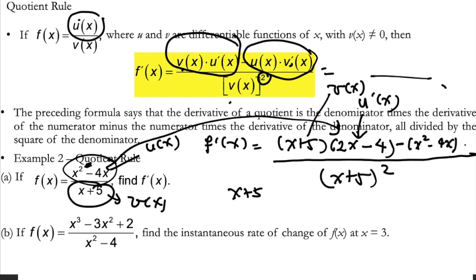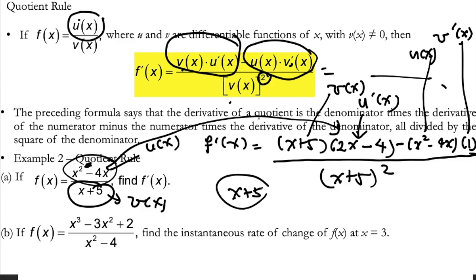So this one is v prime x, and then this one is u(x). How do you get 1 for v prime x? Again, you know that v is x plus 5. You differentiate x, it becomes 1. You differentiate 5, it becomes 0. So 1 plus 0 is 1. So that's why I write it this way. Okay, clear?